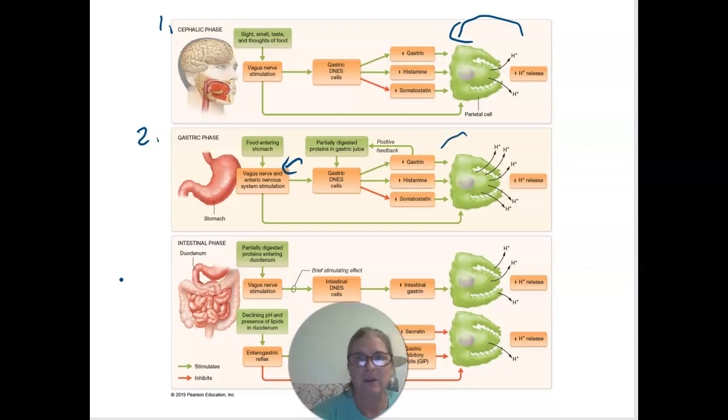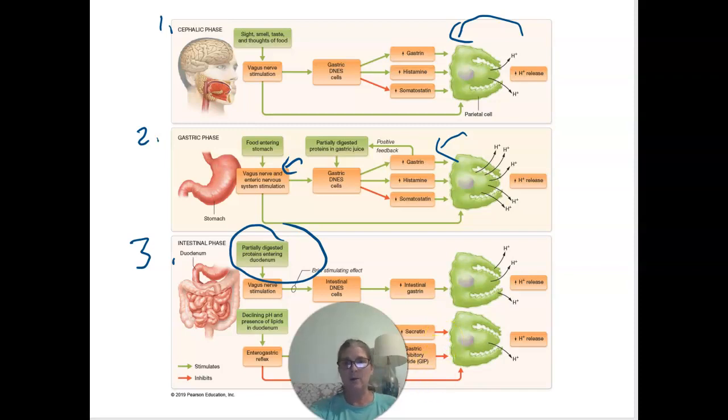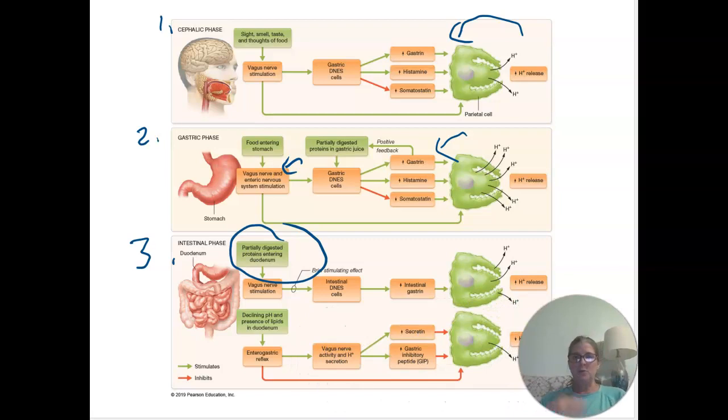And again, it's very excitatory. And then we have the intestinal phase, which starts once that chyme enters the duodenum. Most of that is going to be inhibitory to slow things down so that we have time to digest the chyme and also to help buffer because it's so acidic.